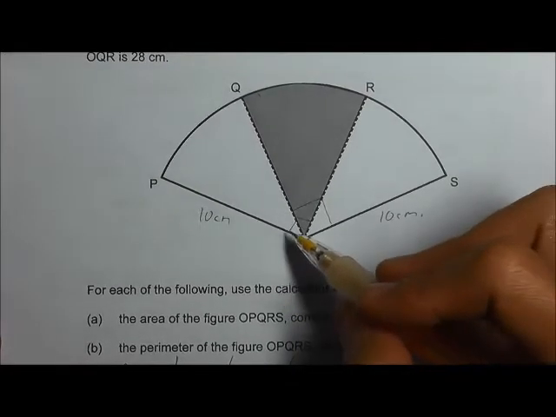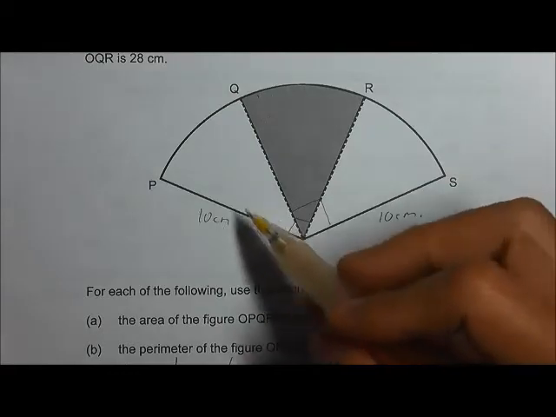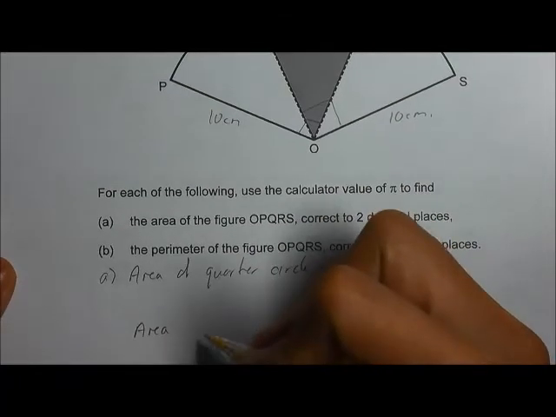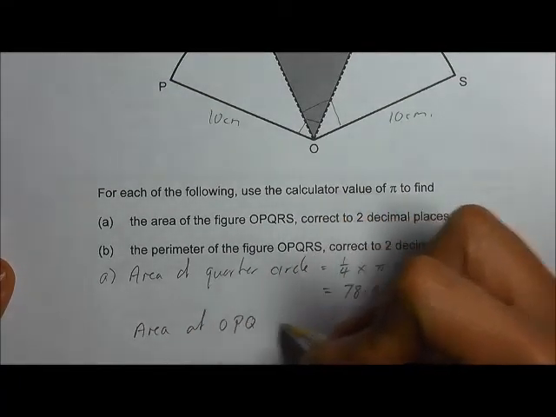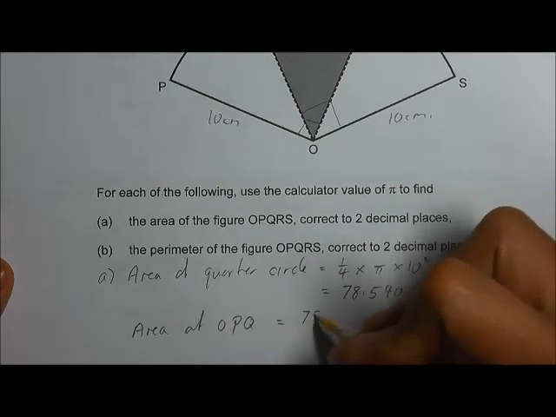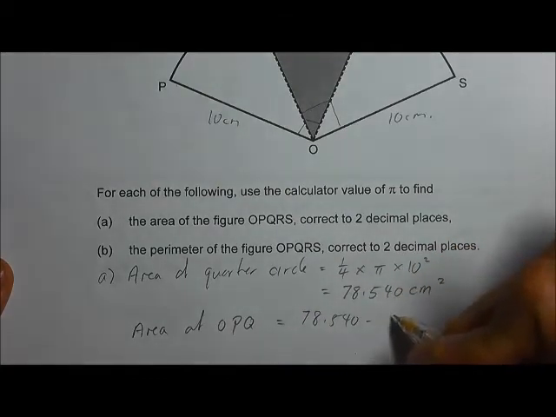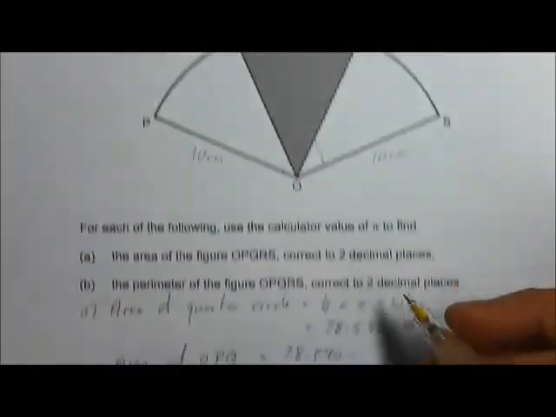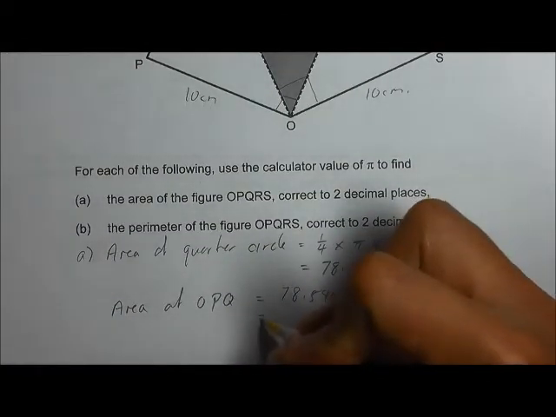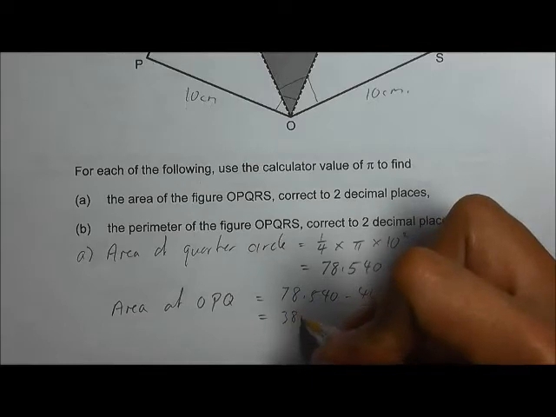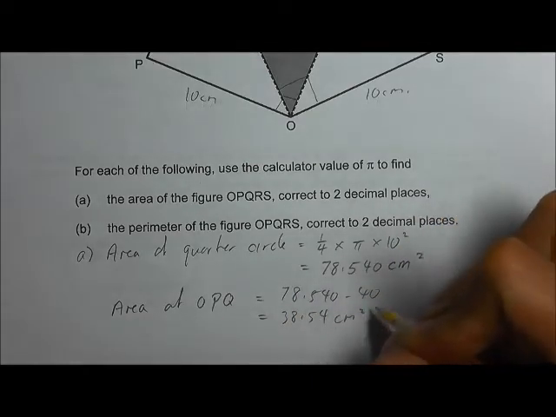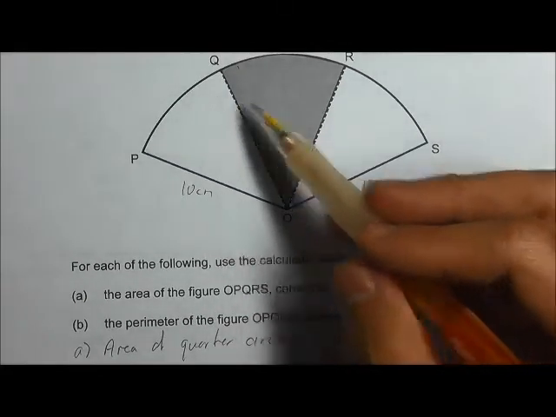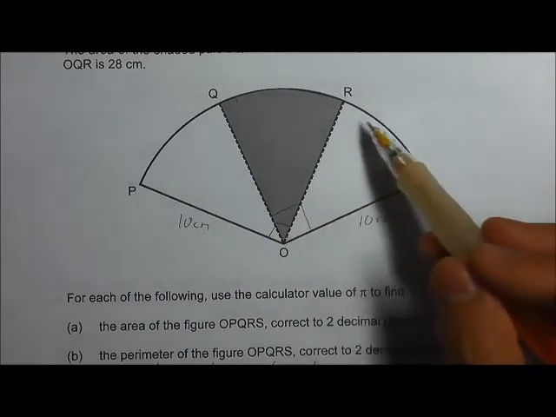Okay, so to find the area of the unshaded OPQ, area of OPQ is equal to 78.540 minus the shaded area here, which is 40. So we will have 38.54 cm squared.